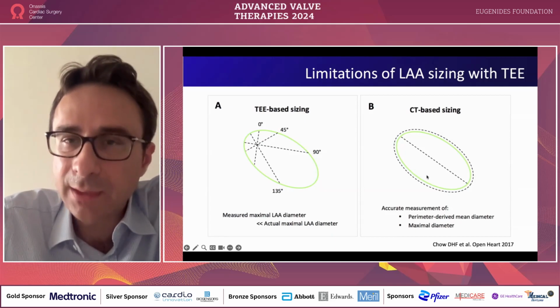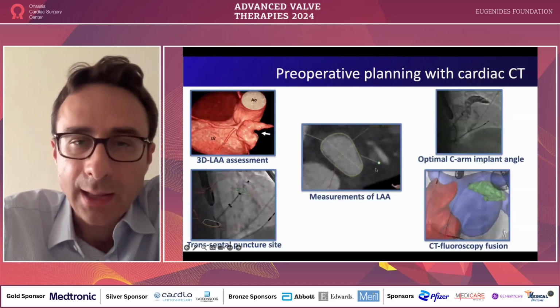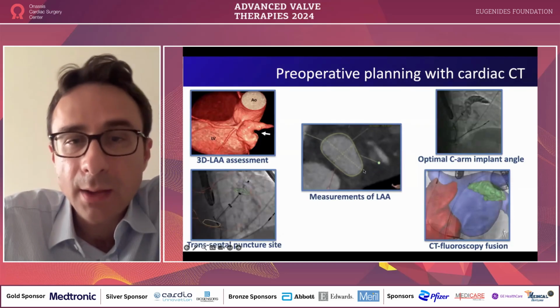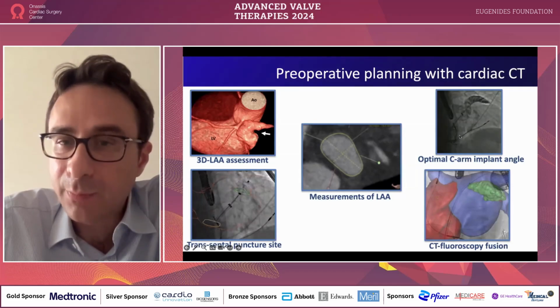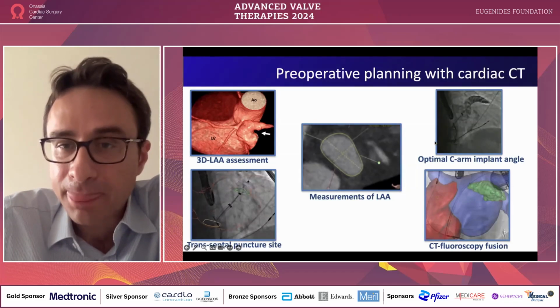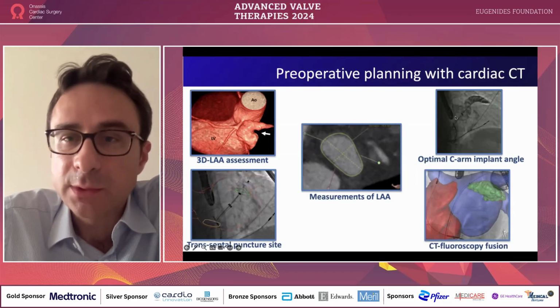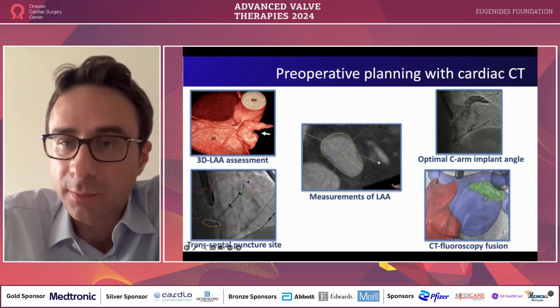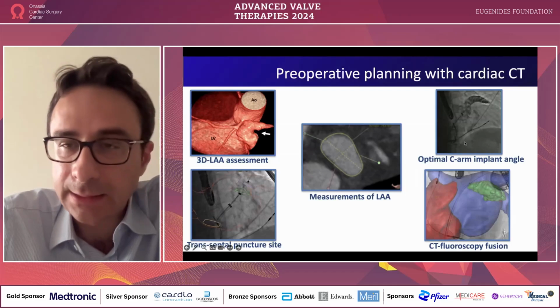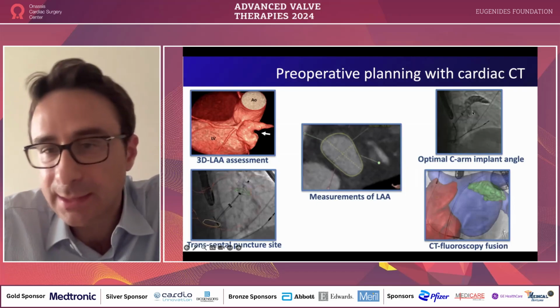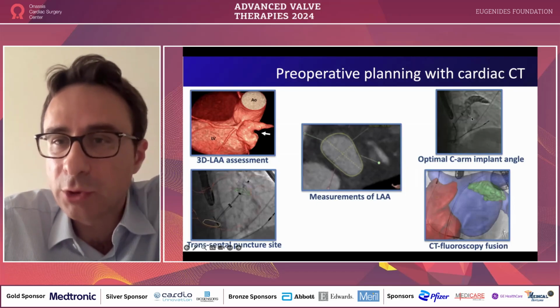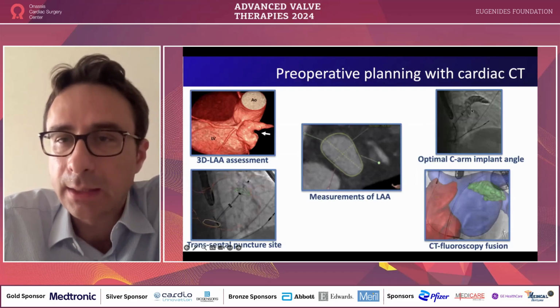So the CT is definitely the most accurate for LAA dimension measurements, but it is not only important for that, it can really provide much more information. For example, if you look at the top right of the monitor, by analyzing the pre-procedural CT we can identify the best fluoroscopic view in which we can implant our device. That is the fluoroscopic view in which we have the anatomical ostium and the landing zone in a line.